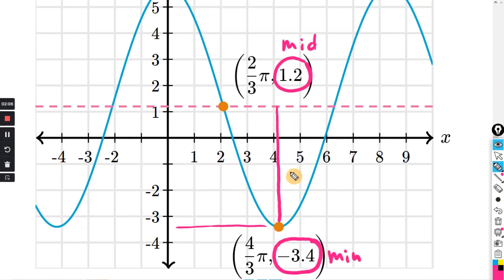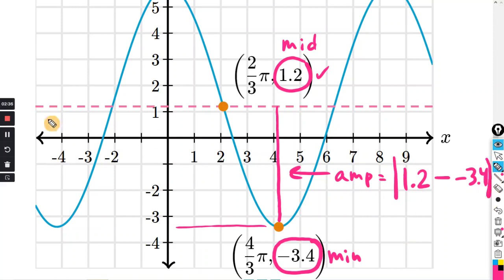Okay, and the way to find the amplitude, or this distance right here, we are just going to subtract the two y coordinates. So we have 1.2 minus negative 3.4. And if you need to, we don't in this case, but if you need to, you take the absolute value.